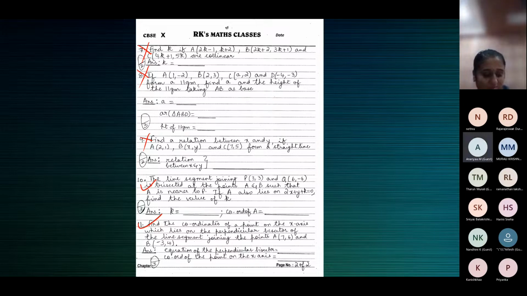Ma'am, I too got the same answer. Rajarajeshwari, very good. You two got it. Is that Nandini? Yes, ma'am. Very good. K is -8 is the right answer. And what about the coordinates of A?